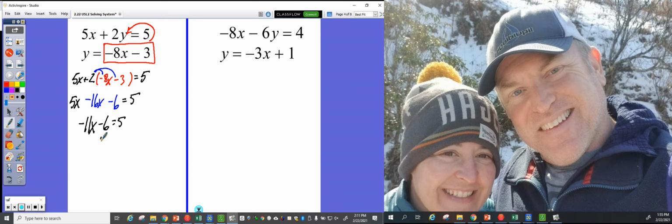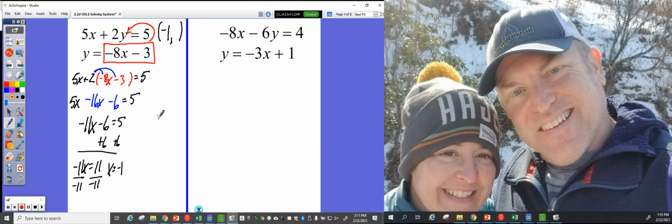All right, so we're going to add the 6 to both sides. And this gives me negative 11x equals 11. We divide by negative 11, and x equals negative 1. So again, I have half of my answer now.